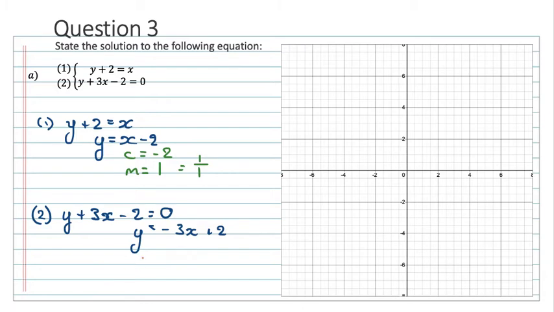Now for our second equation, c is going to have a value of +2, and our m is going to have a value of -3 over 1. Great. Now graphing, going to find -2 down here. So this is 1 point. Then I'm going to go up 1 and across 1 to get my second point.